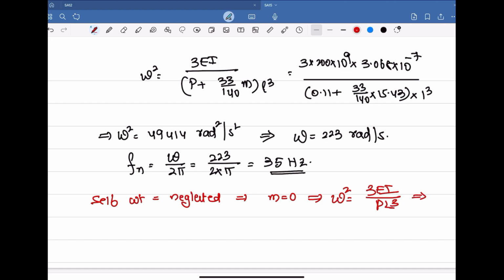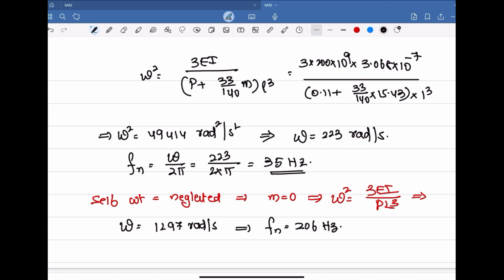That implies omega is equal to 1297 radians per second, which says the lowest natural frequency is equal to 206 hertz.